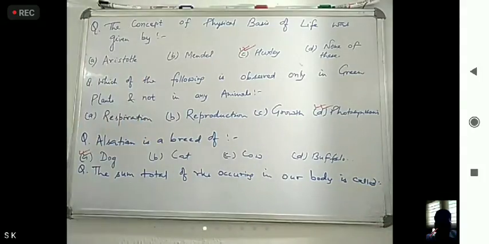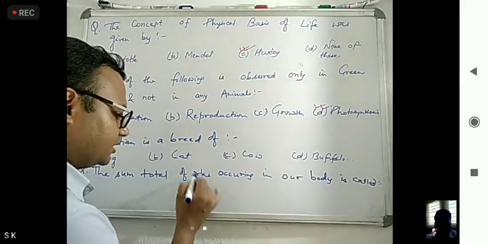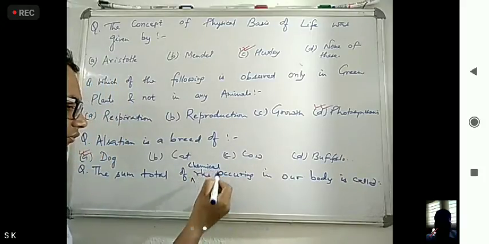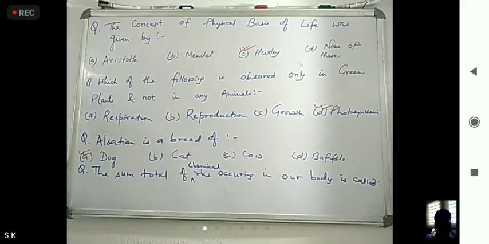What is that? The sum total of reactions. Reactions means which reactions are they asking? Chemical reactions. So the sum total of chemical reactions occurring in our body is called. Options are there.